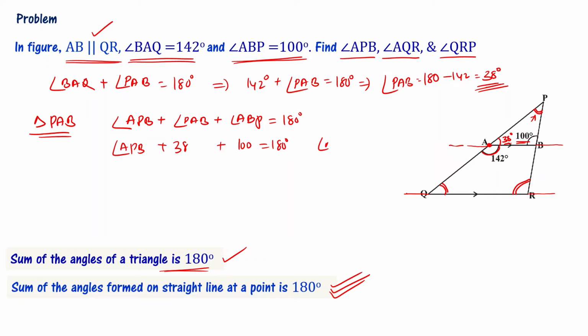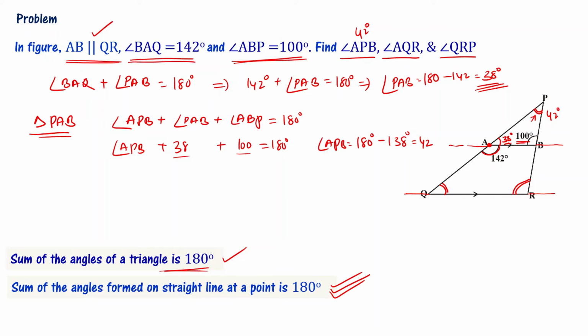So angle APB is equal to 180 degrees minus 138, right? 180 degrees minus 138 is 42. Let me write that. This is 42 degrees. One of the angles APB is 42 degrees.